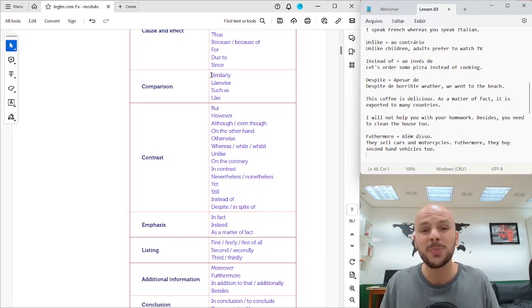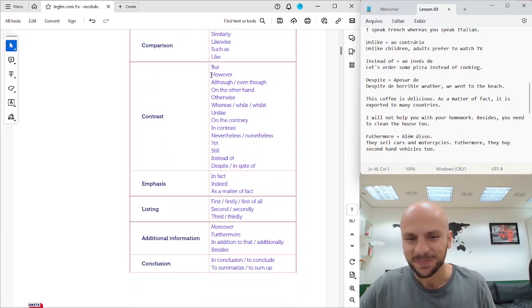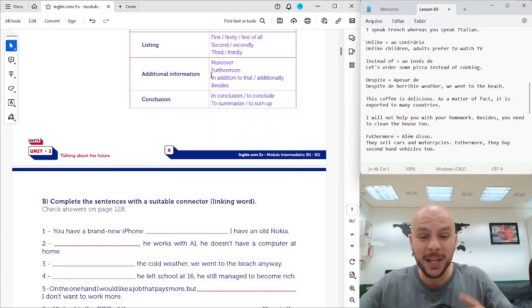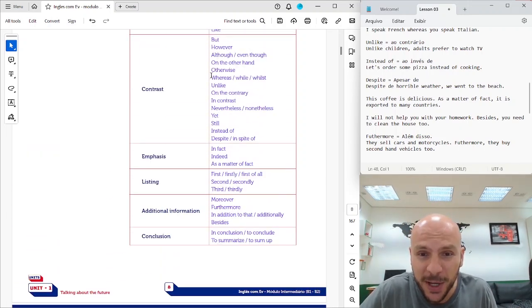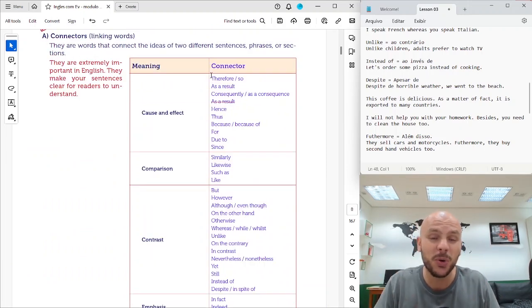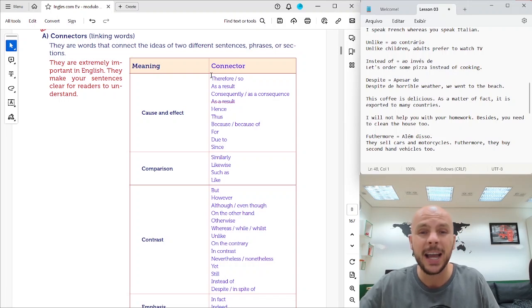That's okay. The most important thing right now is to memorize all of the connectors so we can implement them in our conversations, okay? And once you have translated all of the connectors here, again, don't worry about memorizing all of them at once. Take your time, slowly.